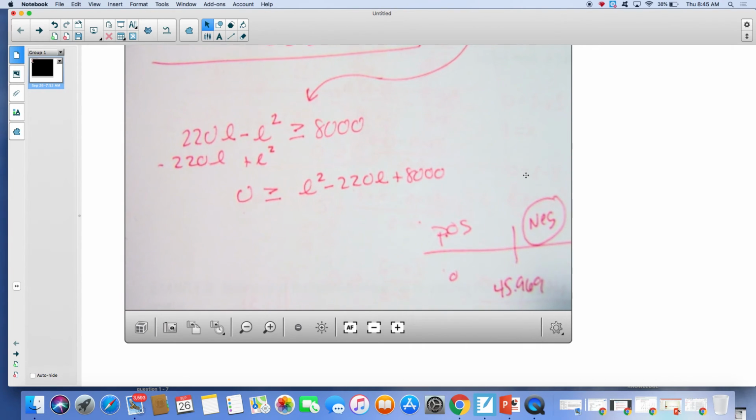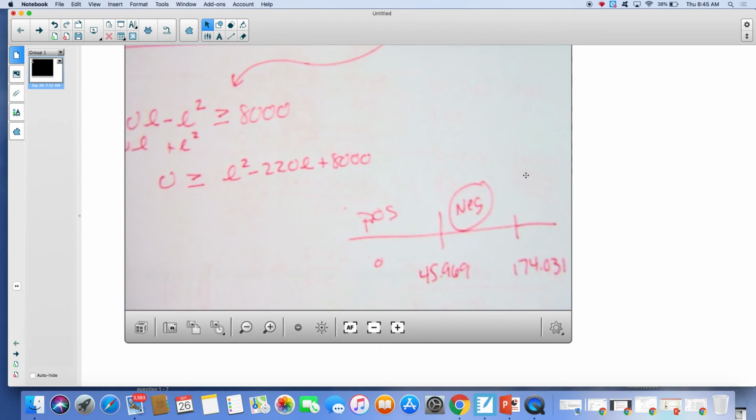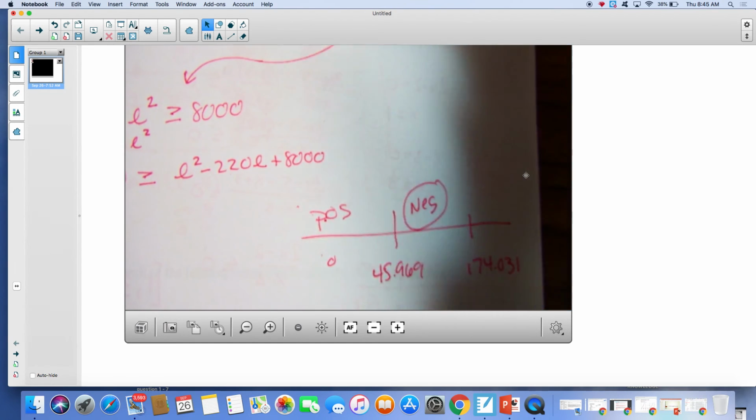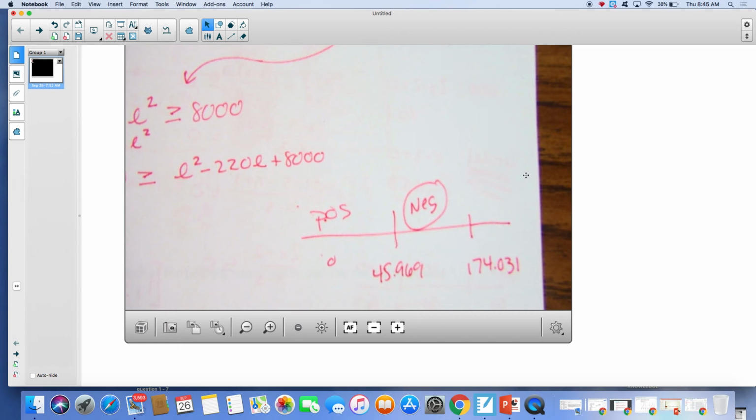So our answer is going to be, what's the other number? The other zero, 174.031. Wait, so what number do you just plug in? I have the graph here. I don't really need to even do this.